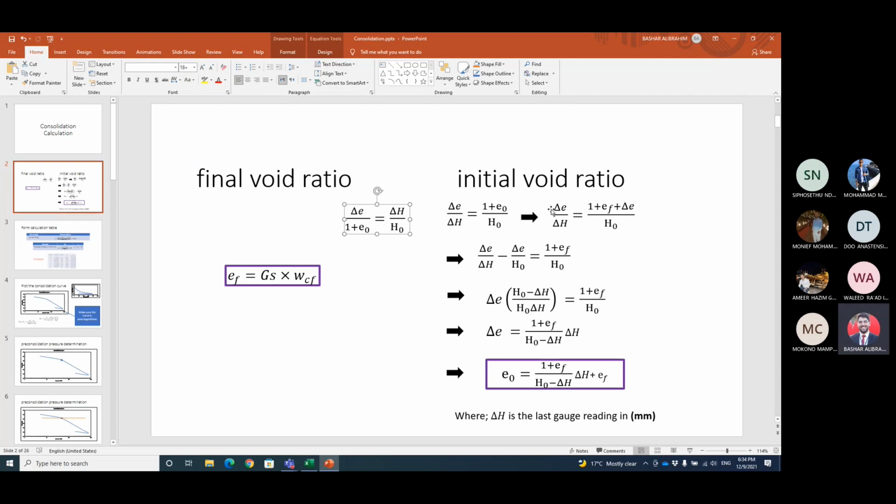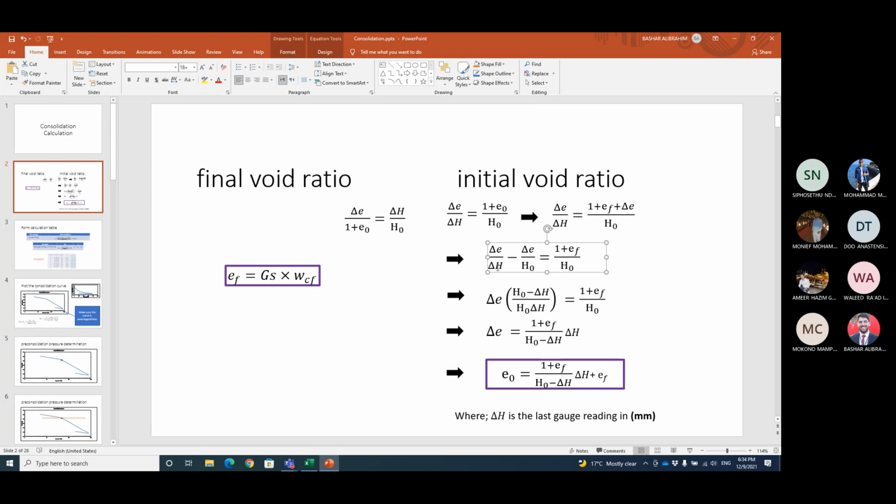Then here we can see E0. E0 is E final plus change in void ratio. Okay. Then I took change in void ratio divided by H to the other side over here. So it becomes like this. And here we have only one EF. Okay. Then here I took delta E as common factor and I subtract the remaining.